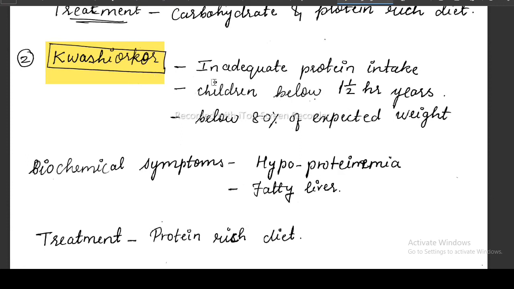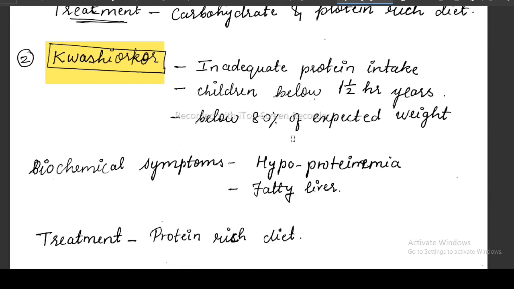Next is kwashiorkor. That is also caused due to inadequate protein. It is caused in children below 1.5 years, smaller, जो छोटे बच्चे रहते हैं उनमें ये डिजीज मोस्ट कॉमन है. 1.5 साल के बच्चों में ये बहुत ज़्यादा कॉमन है.